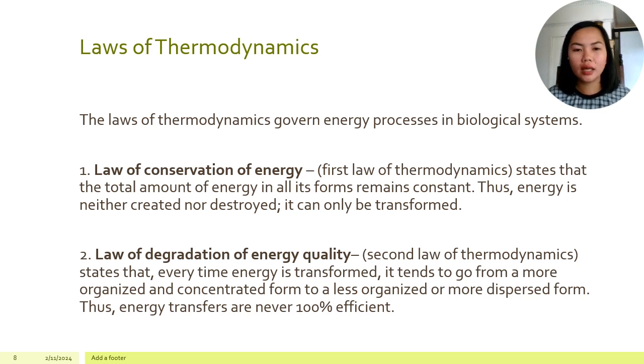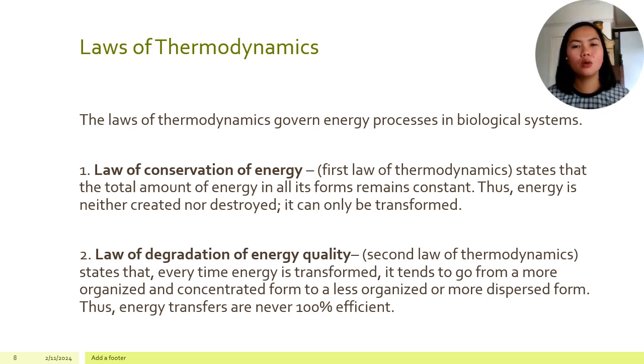But since the law of degradation of energy says that energy transfer is never 100% efficient, it means the goat does not get 100% of the energy from the plant. Only a portion of it is transferred to the goat. Whatever it cannot get or use is dissipated as heat. It's expelled back to the system as heat.